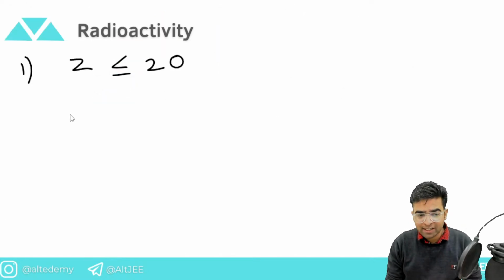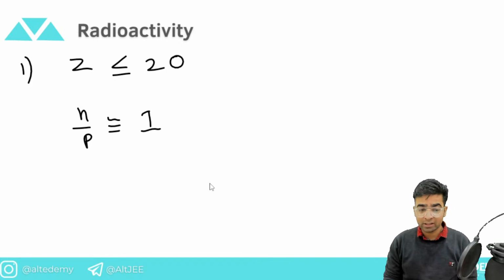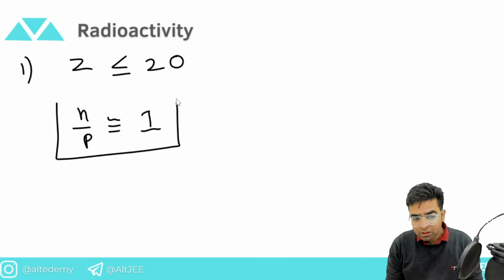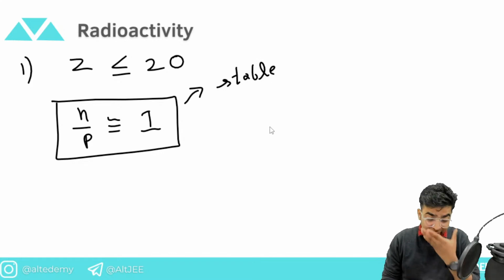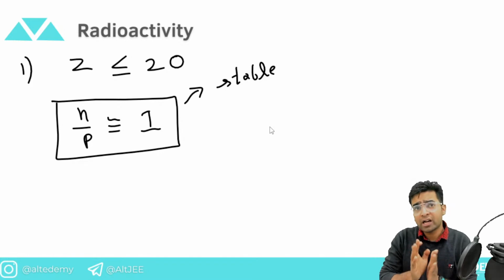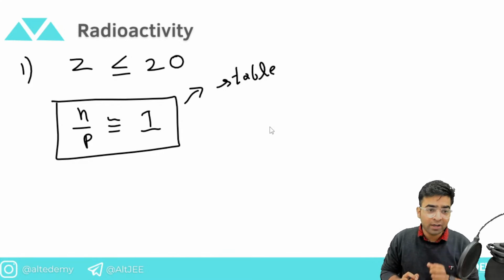We look at the ratio N by P. If it is around 1, then the nucleus is said to be what?